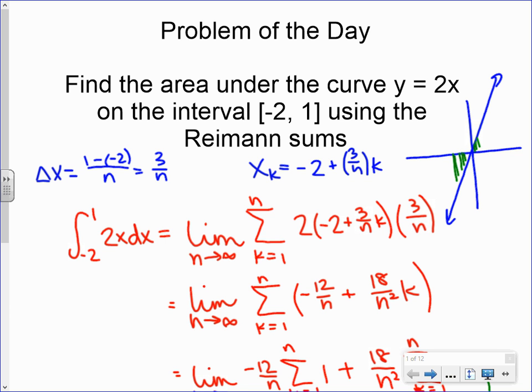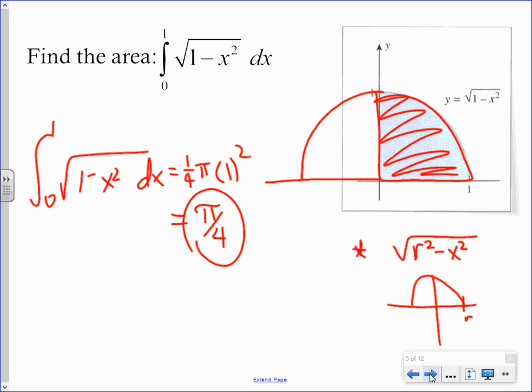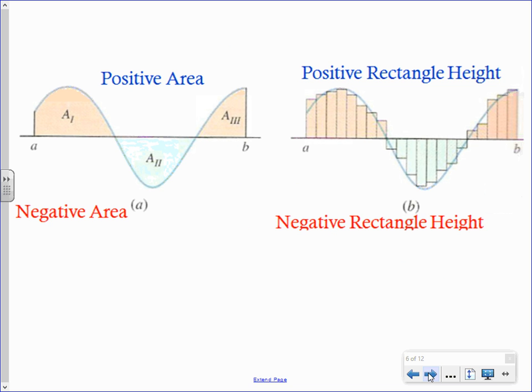So notice how some of the area is underneath and some of it is above. Okay? What's happening? Any area beneath the x-axis is negative area. Any area above the x-axis is positive area.